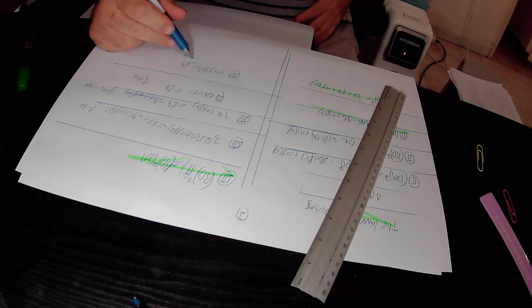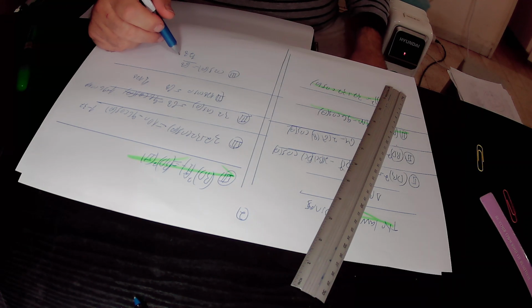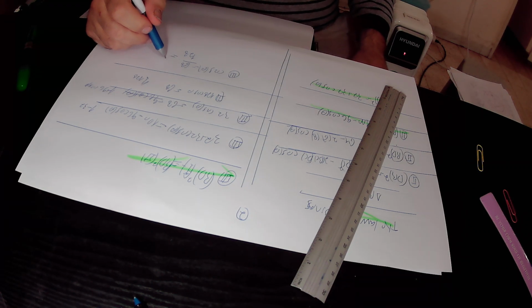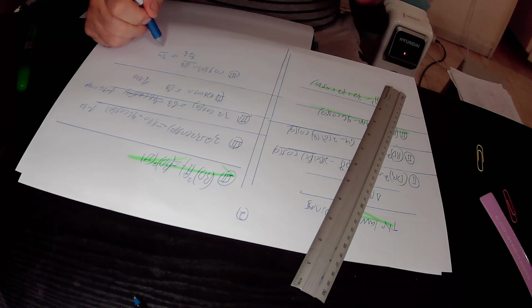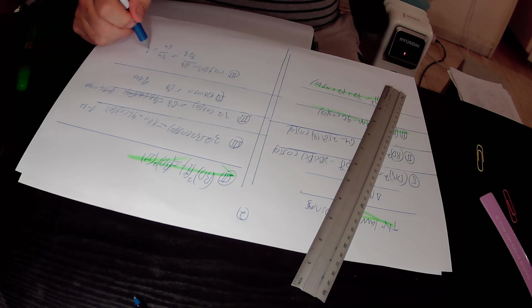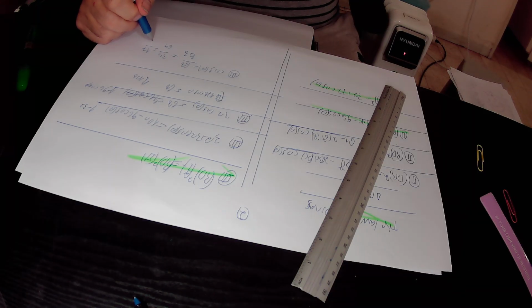Here we divide both the numerator and the denominator by 2: 68 over 2 is 34, and 128 over 2 is 64. Then again by 2: 34 over 2 is 17, and 64 over 2 is 32.